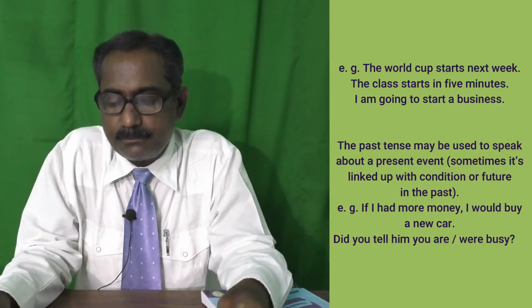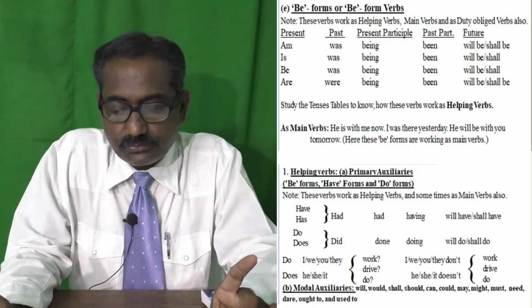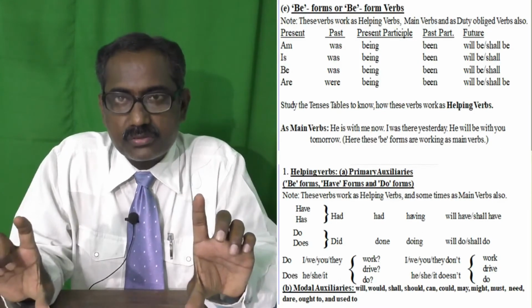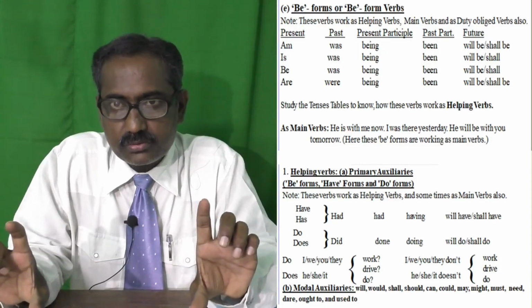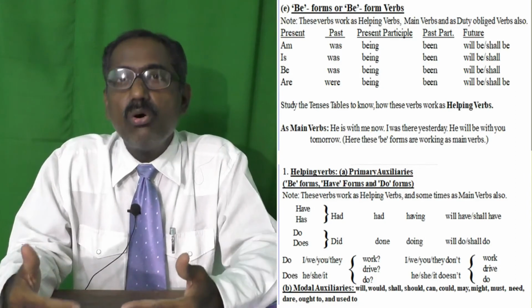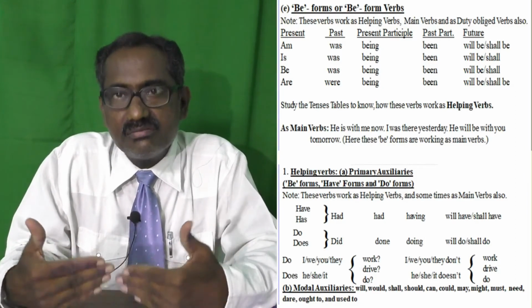These are the things. Okay, you can see here what the primary auxiliaries are: be forms, do forms, and have forms. At the same time, modal auxiliaries or modal verbs.